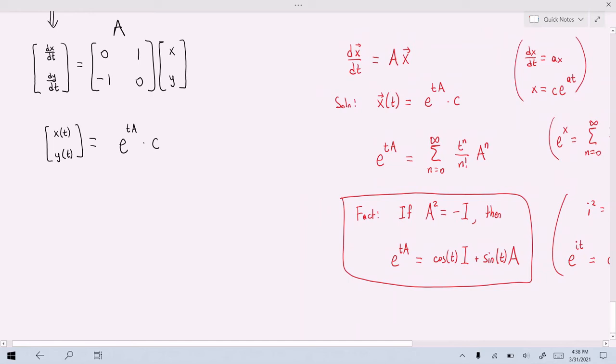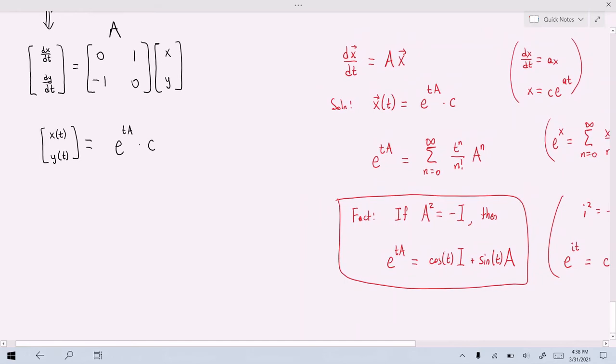Now, I bring that up because for this matrix A, if you compute it to verify, you should find that A squared does give you negative identity.